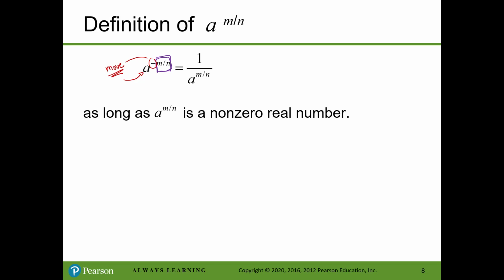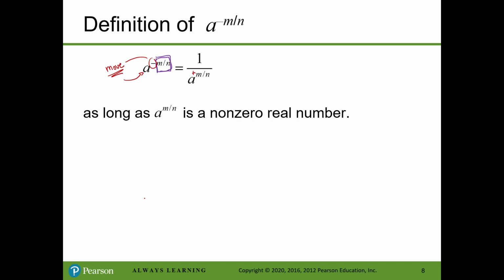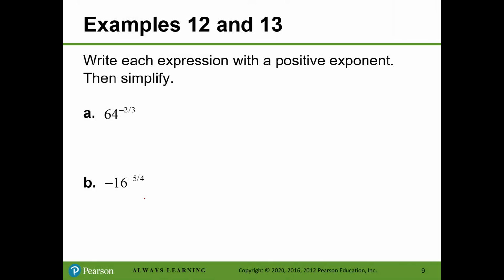The a went from the top to the bottom. The exponent is now positive because we moved it. And the m over n, we already know how to deal with it. Why? Because look at these last 3 problems. We dealt with the exponents that were fractions already. No big deal.